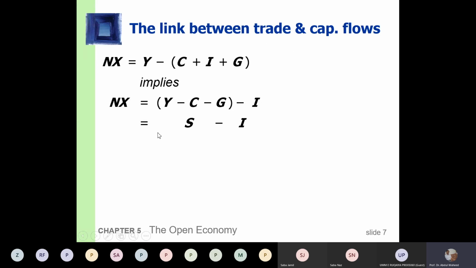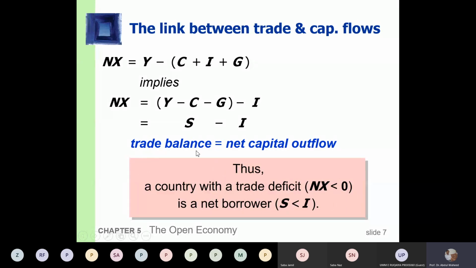So there is a linkage between the trade side and the capital flow side. So the trade balance equals net capital outflow. A country with a trade deficit, this NX would be less than 0. Then this means saving is less than investment, so we are net borrower.